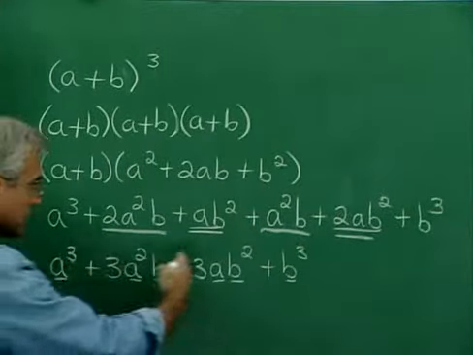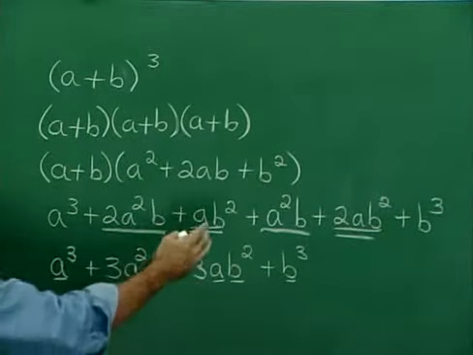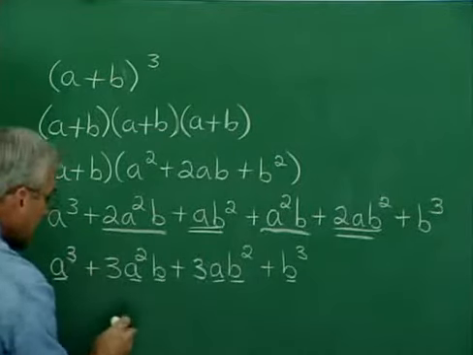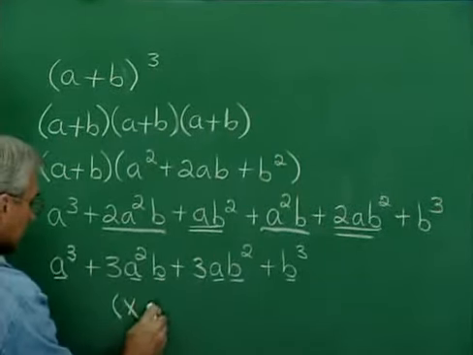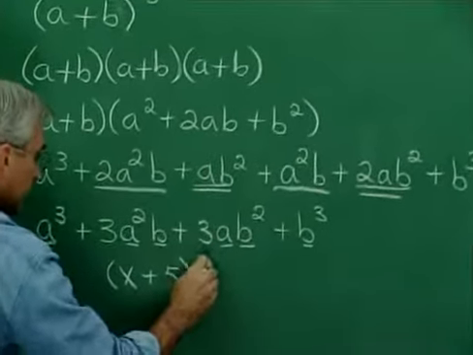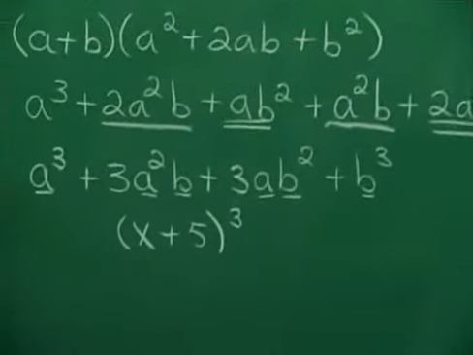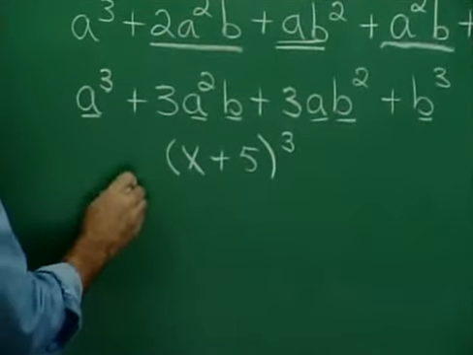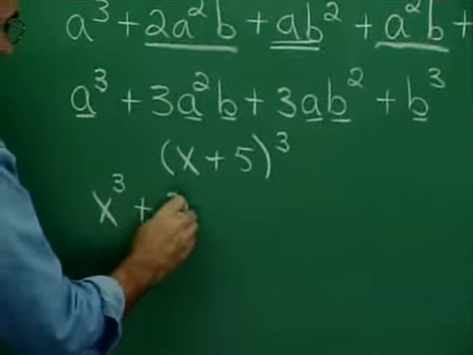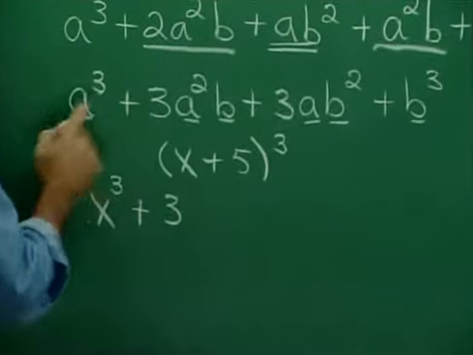If we recognize this pattern, if we use this pattern, then we can very quickly deal with something like, let's say, x plus 5 cubed. Let's go with the pattern now. It's the first entry cubed. Then there is a naturally occurring coefficient 3.